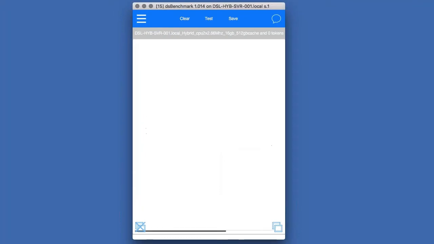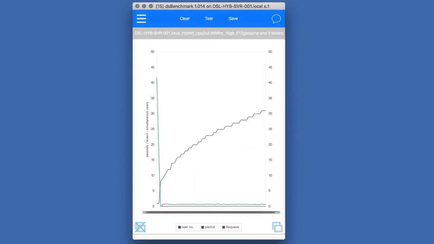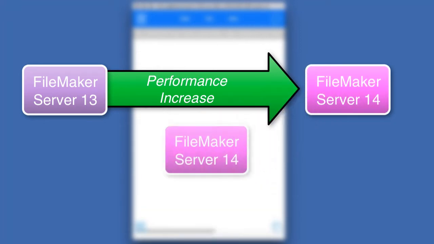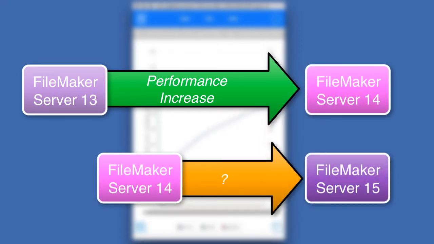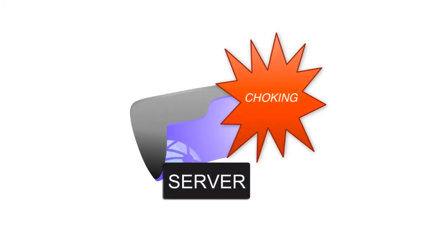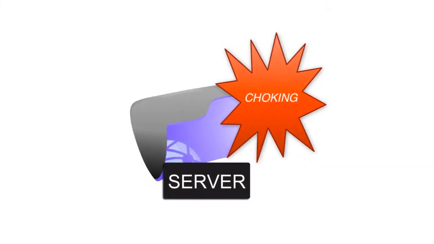Cool. Well, considering that we had a pretty good improvement in performance from 13 to 14, how are we looking with the 15 release? The 15 release seems to handle high loads more gracefully than did 14. In the previous video, we looked quite hard at how FileMaker Server chokes, as any database server will. If you put any database server under enough load, then it will choke, and we analysed how that worked.